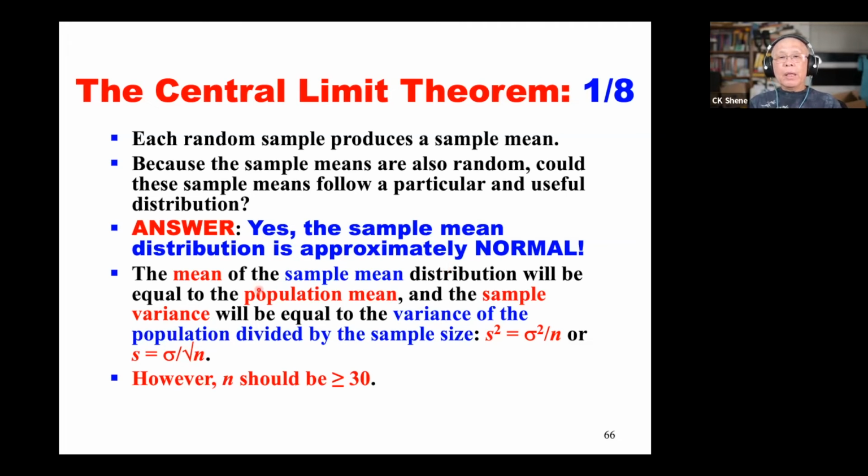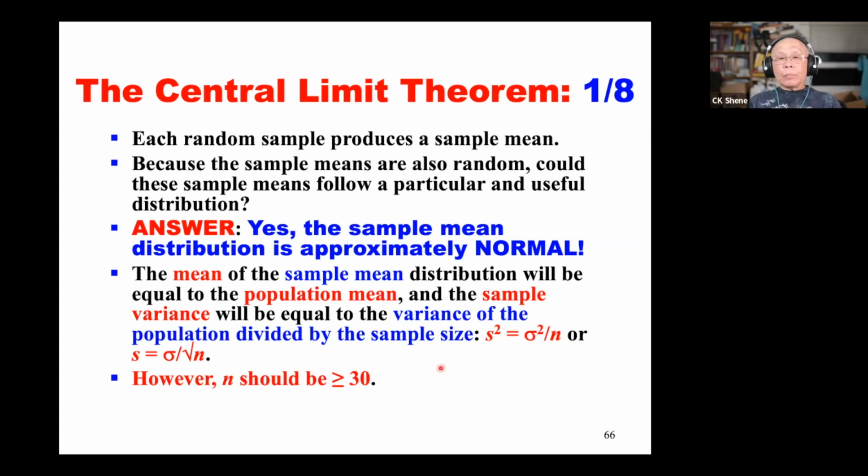The mean of the sample mean distribution will be equal to the population mean, and the variance will be equal to the variance of the population divided by the sample size. In other words, you have so many sample means, you compute the mean of the sample means, and it should be equal to the population mean.